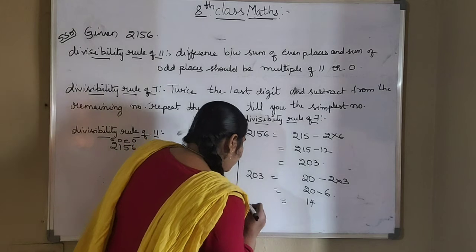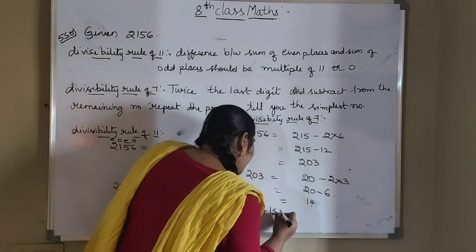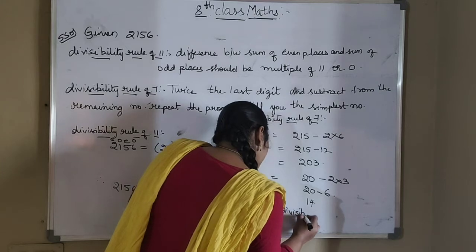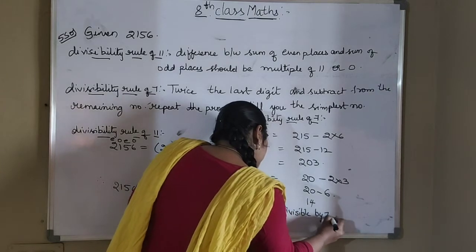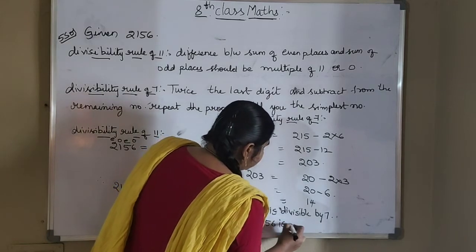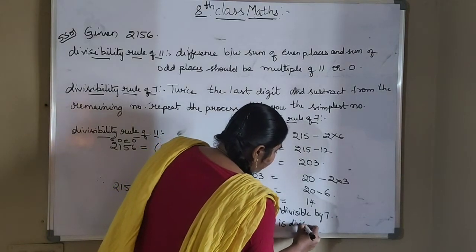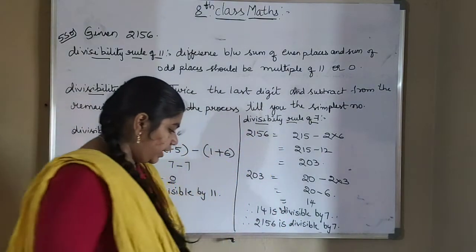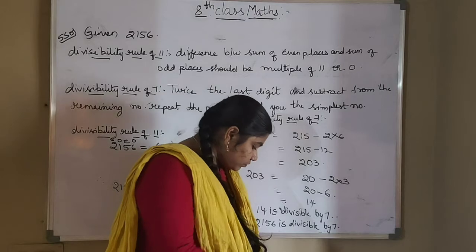Therefore 14 is divisible by 7, so you can write 2156 is divisible by 7.